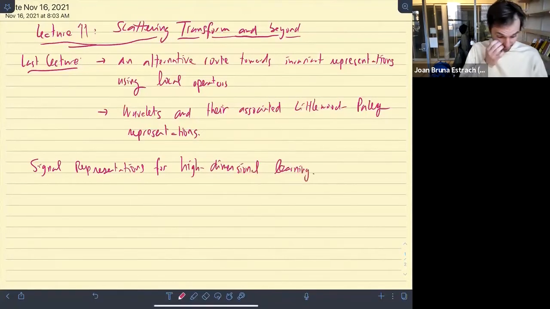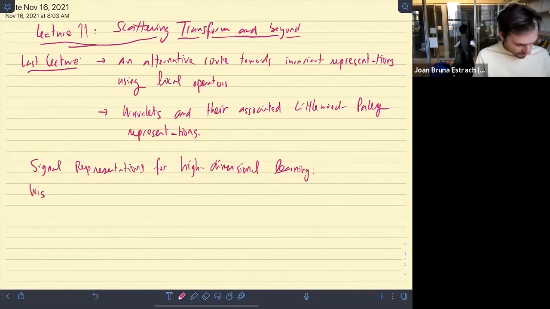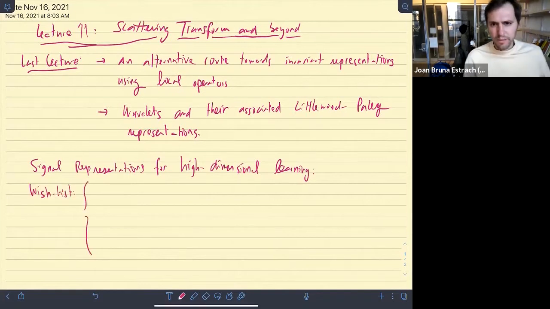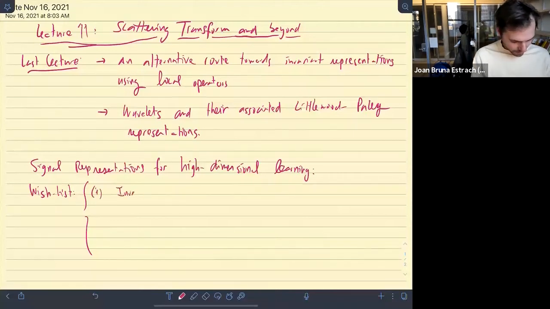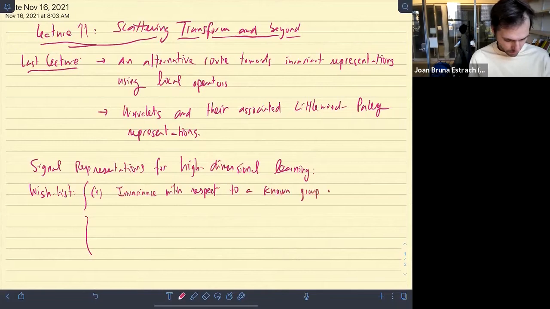And we discussed about three ingredients that we want in our wish list. In the wish list, we discussed three properties that were critical. The first property is certain invariance with respect to a known group of symmetries.